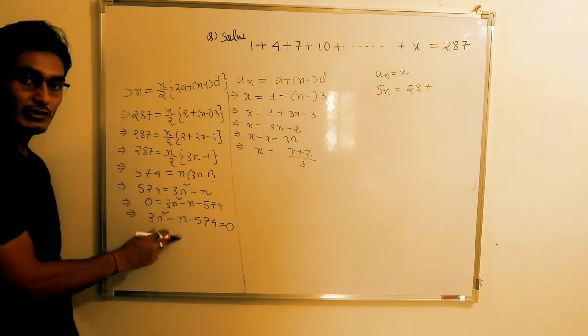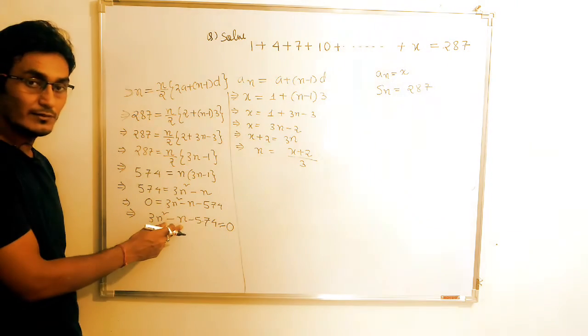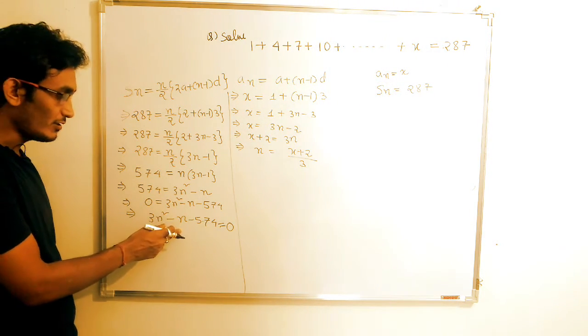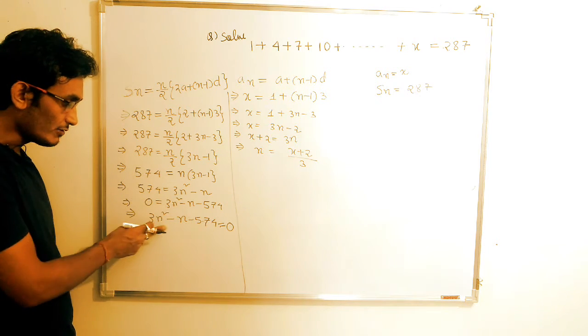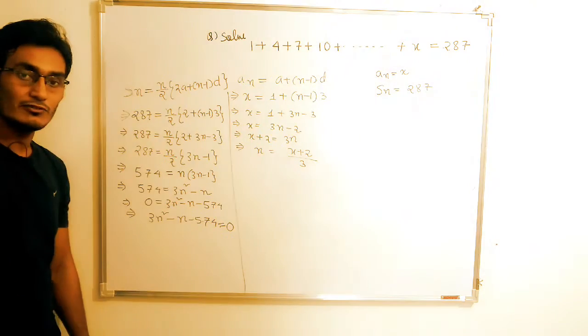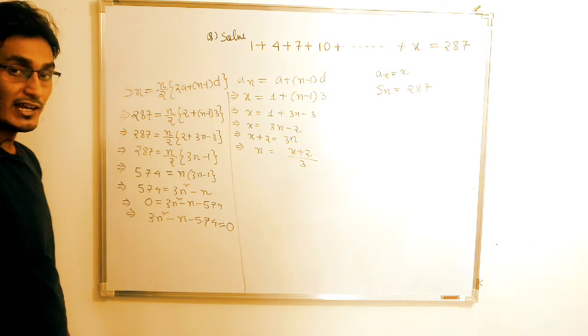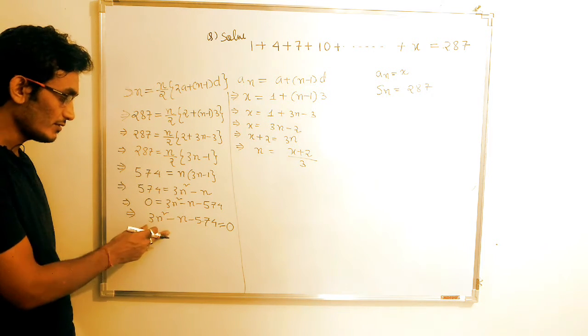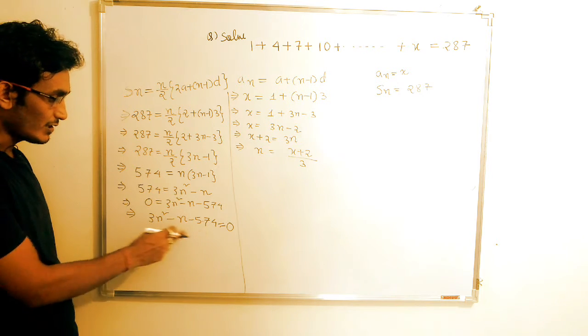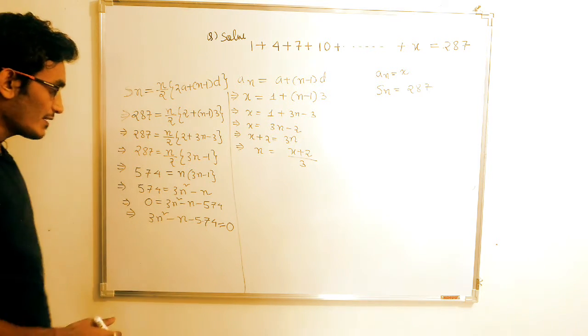Now we need to find out the values of n. So you can use the splitting of the middle term. By splitting of the middle term you can find out the values of n. So what is the technique? We have already learned how to find out the values of x using the splitting of the middle term. So what is the coefficient of n square? 3 is the coefficient. And what is the constant term? 574.